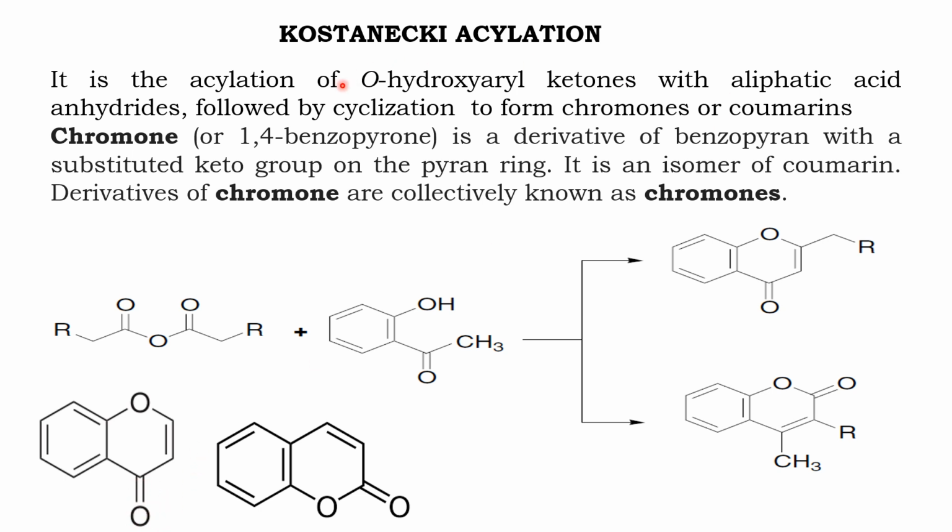So during Kostanecki acylation, we may end up with a derivative of either a chromone or a coumarin. That is why we say Kostanecki acylation will give chromones or coumarins depending upon the conditions and the substrate, that is, the ortho-hydroxyaryl ketone that we are using.